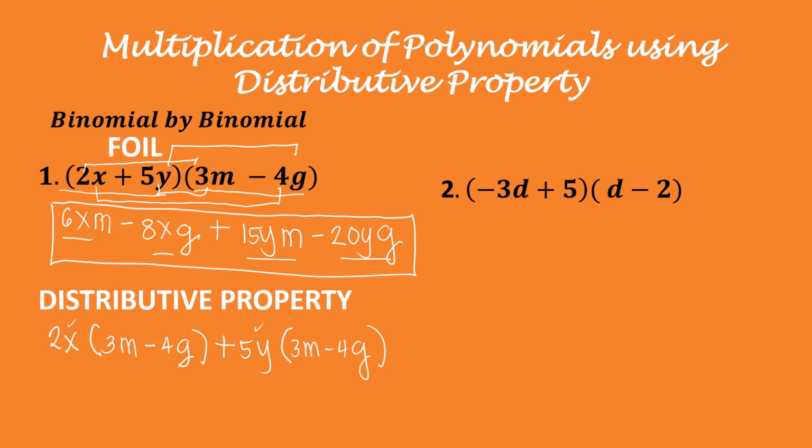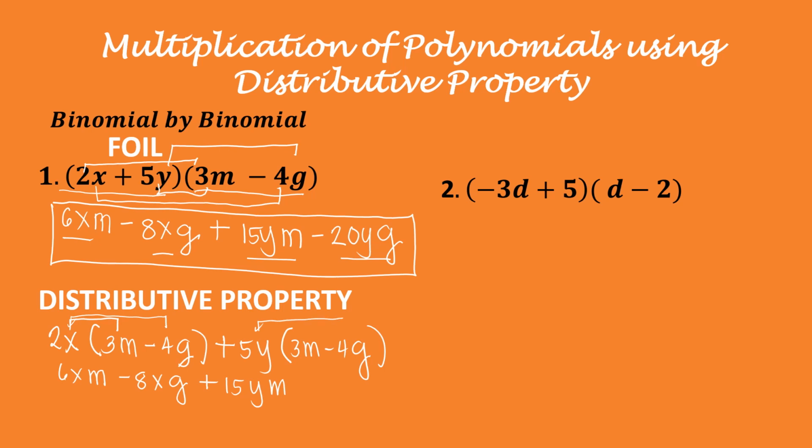Now it's time to distribute the 2x here. So we have 6xm. Then 2x times negative 4g will give you negative 8xg, followed by the 5y. Now the positive 5y will be distributed to the terms inside the parentheses. Thus, positive 5y times 3m will give you a product of 15ym.